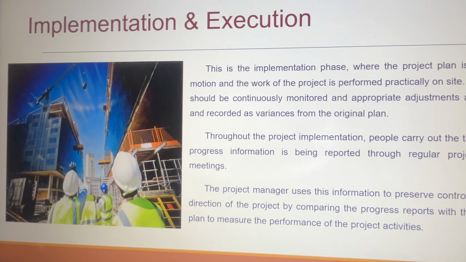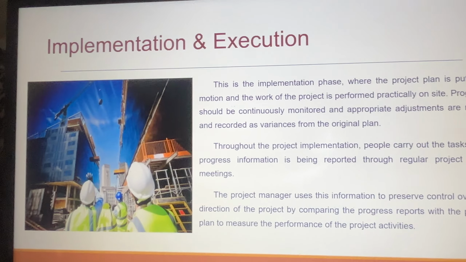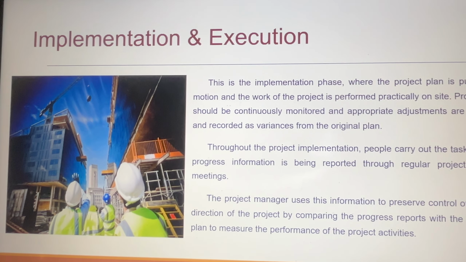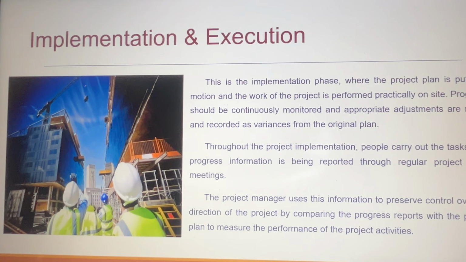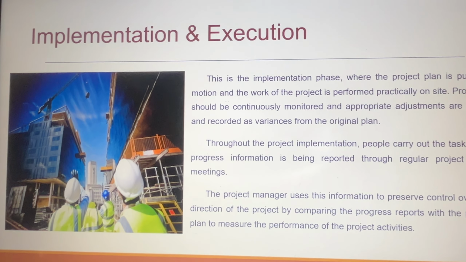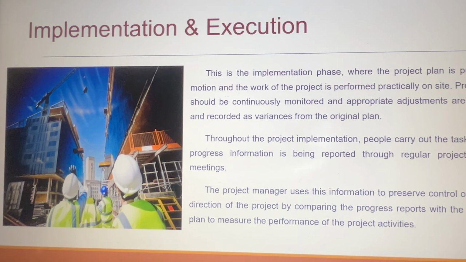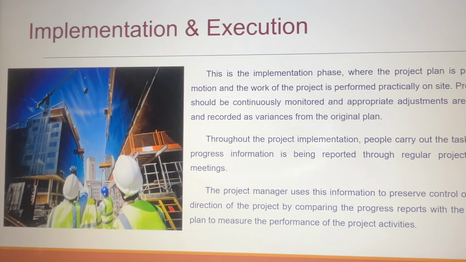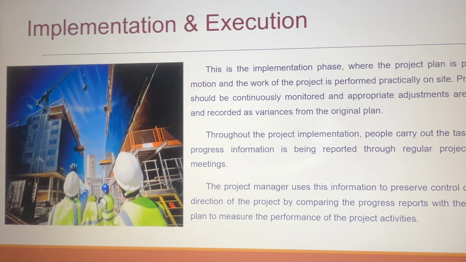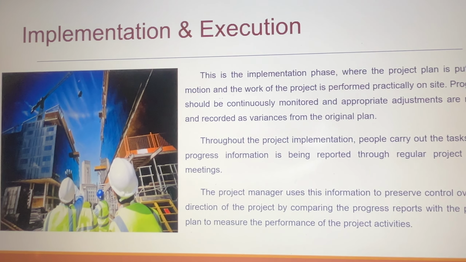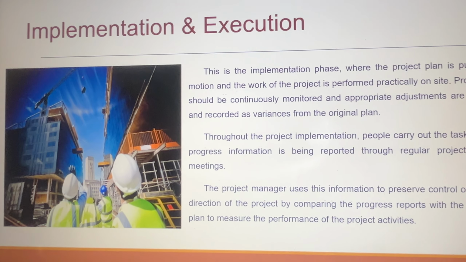Implementation and execution. This is the implementation phase where the project plan is put into motion and the work of the project is performed practically on the site. Progress should be continuously monitored and appropriate adjustments made and recorded as variations from the original plan. Throughout the project implementation, people carry out all the tasks and progress information is reported through regular project team meetings.